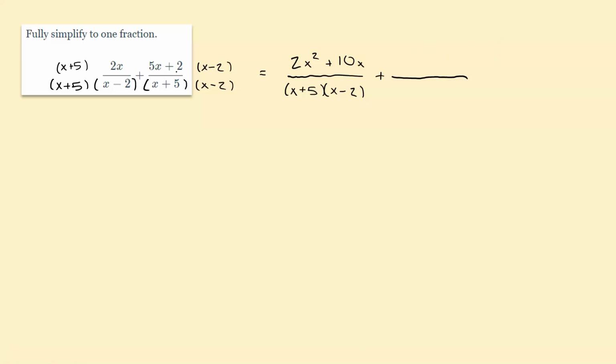So then the right side will have 5x squared minus 10x plus 2x minus 4. So again, keep the denominators separate for now. Now we can go ahead and combine these into one fraction.